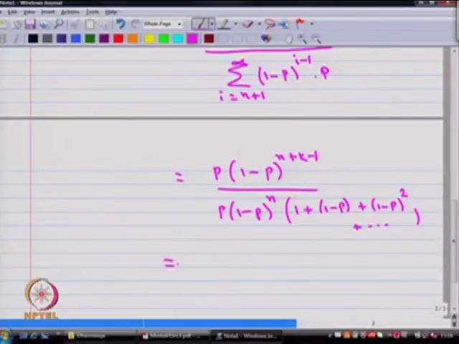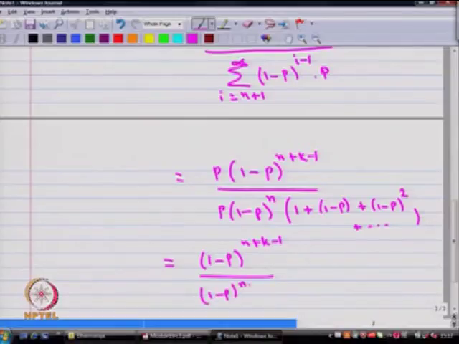Therefore, you can still simplify. You will get (1 minus p) power n plus k minus 1 divided by (1 minus p) power n, keep it as it is. This series will have the value 1 minus p.